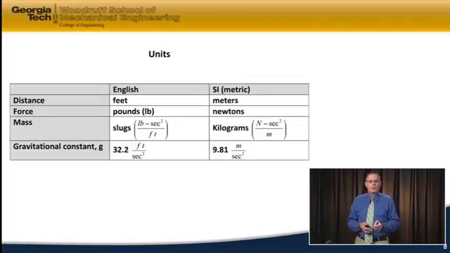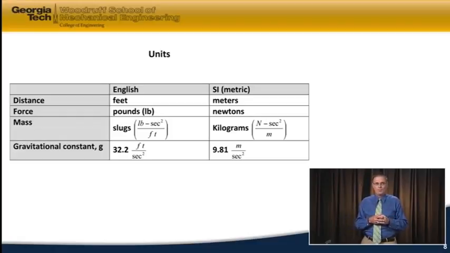Now that you've answered that question, let's go ahead and look at the correct response. For distance, in the English units, we typically use feet or perhaps inches. In the metric system, we use meters. As far as force is concerned, we use pounds in the English system and newtons in the SI system of units.